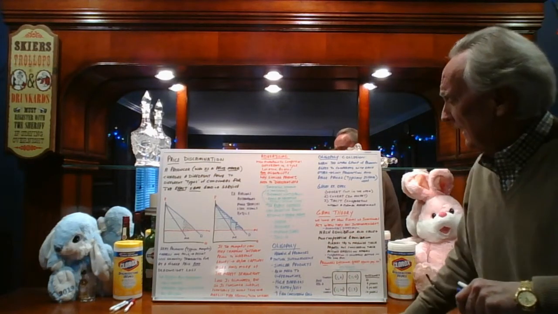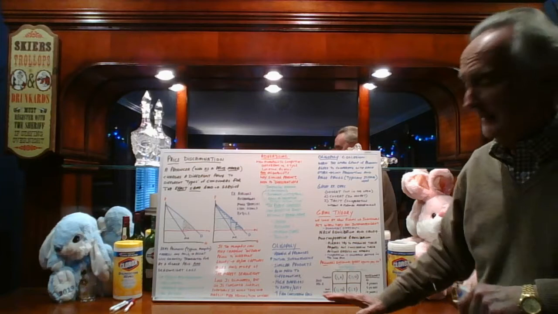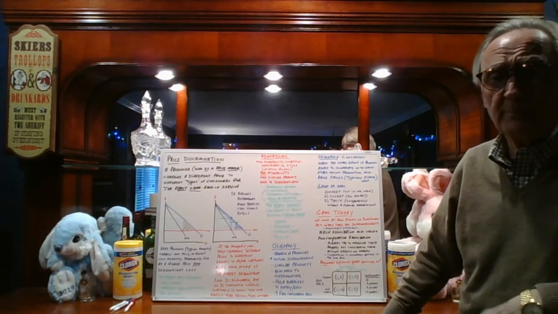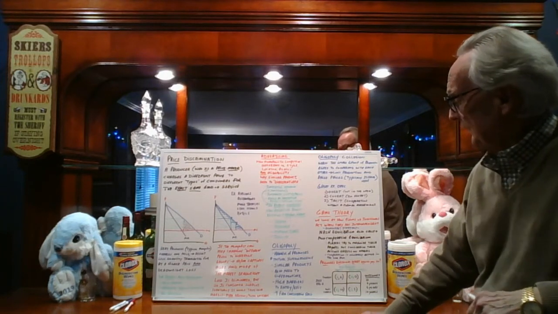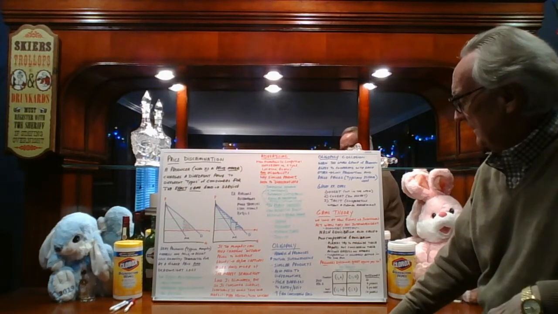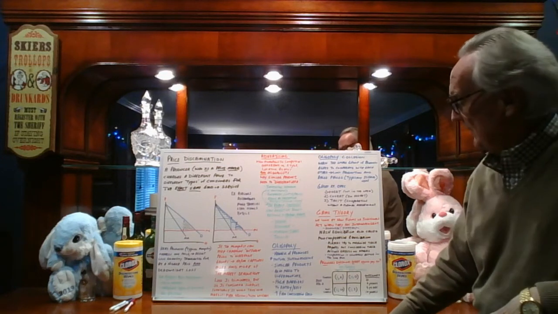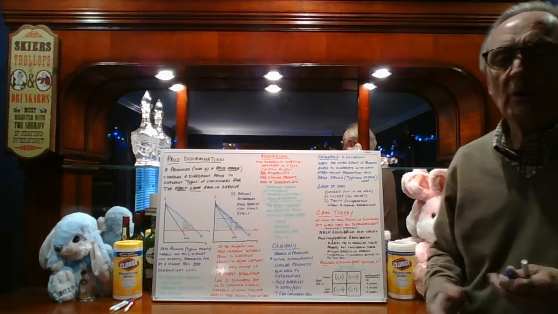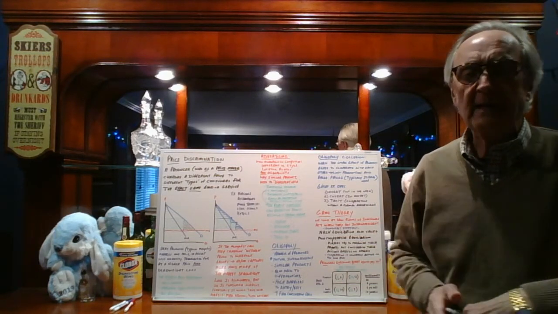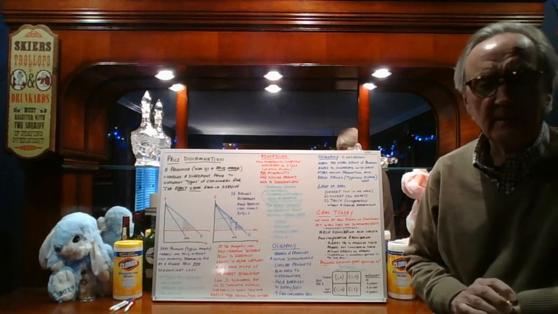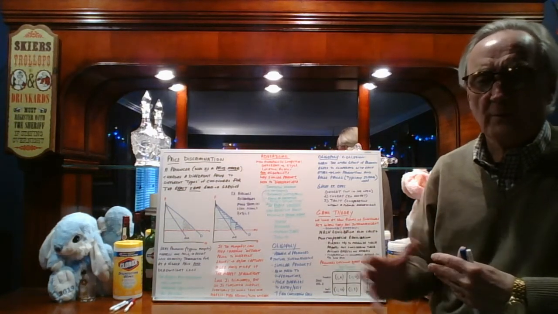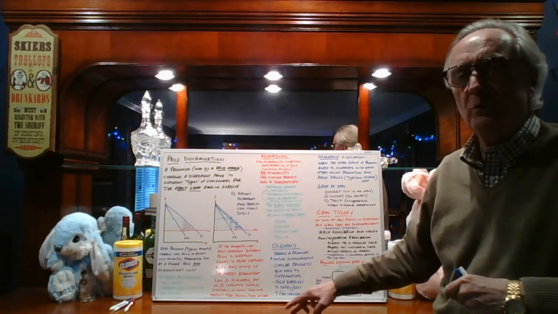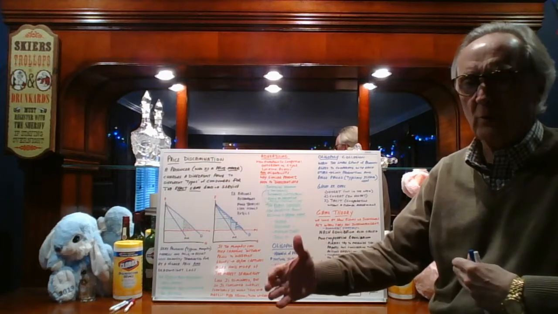Anyway, oligopolist, similar product. They want to differentiate it. Will they advertise? You bet they'll advertise. They'll advertise like mad, because they need to differentiate. We talk about the 4-firm concentration ratio. Governments are always interested, and I gave you the HHI index, in whether one firm is getting too big in the market, or whether 2 or 3 firms are taking control of the market.